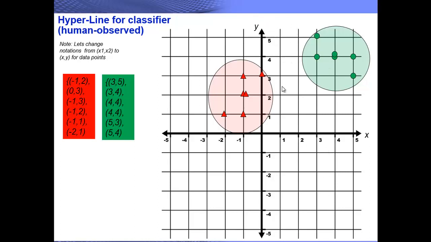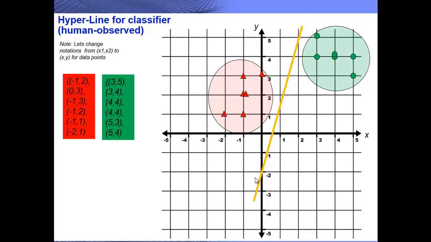There is so much gap here that I can have a line like this, or like this, or like this. There are many possible combinations, but we need to decide only one. So I decided that this is the line which will separate the two classes from each other, and I will call it the hyperline.